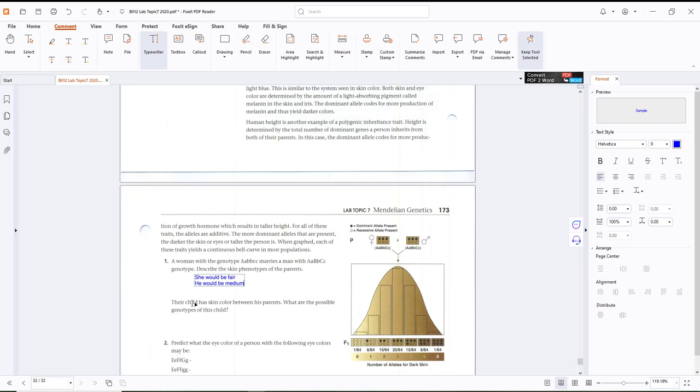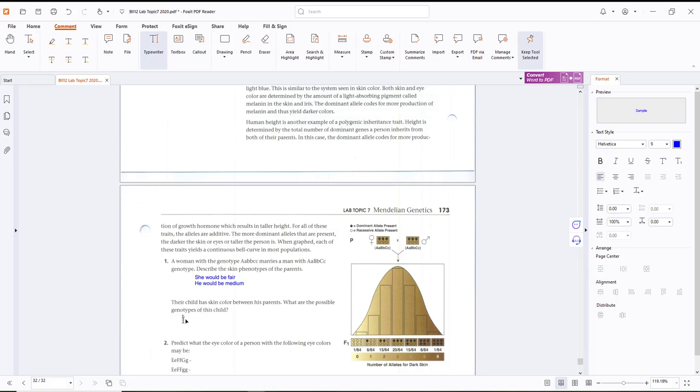All right. Their child has skin color between his parents. What are the possible genotypes of this child? Okay. So if we're crossing this with this, what are the possibilities of the skin type of the children?